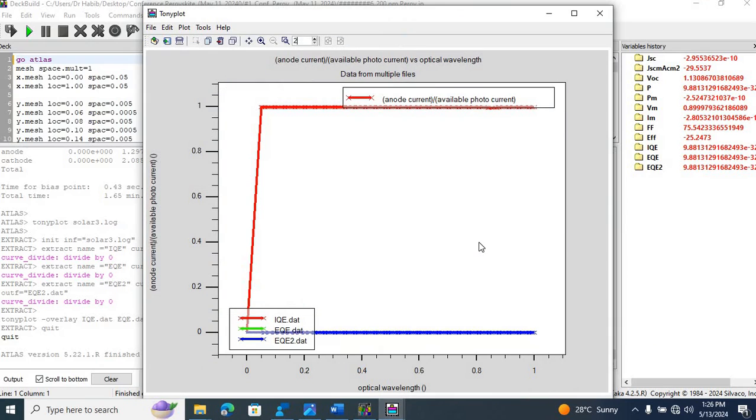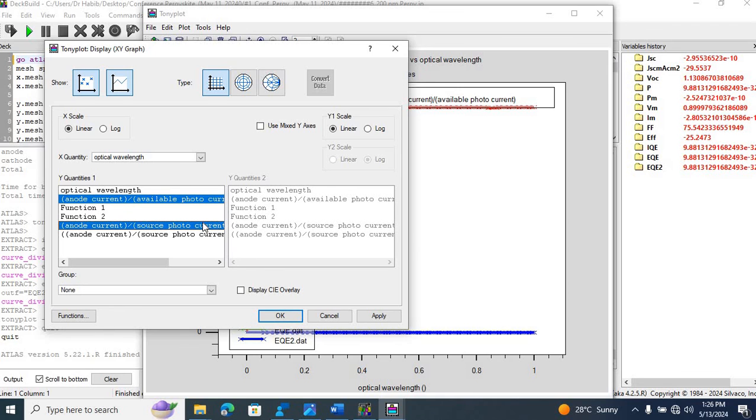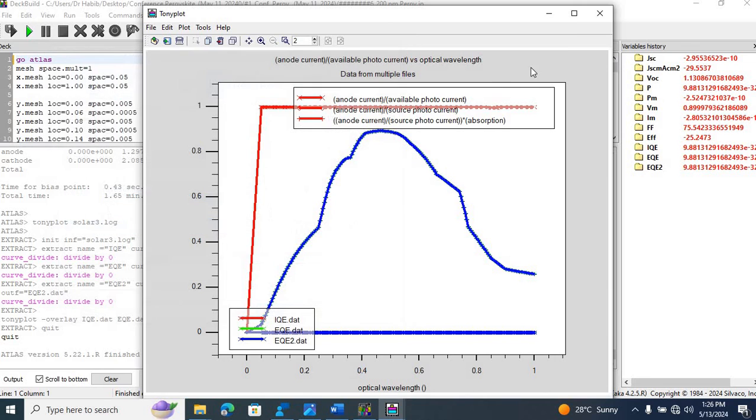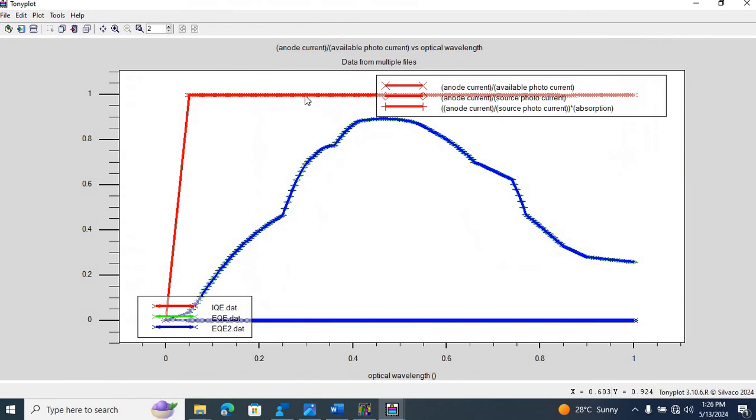We can also look at the internal and external quantum efficiency of these solar cells. So here is the internal quantum efficiency, close to 1, and here is the external quantum efficiency. The external quantum efficiency is generally lower than the internal quantum efficiency because of several non-idealities.